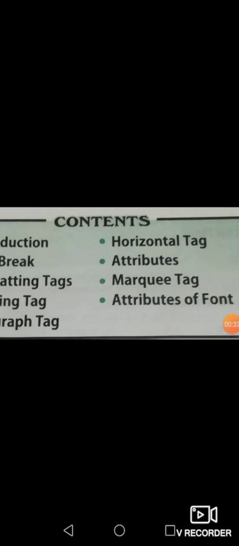And then today you have learned horizontal tag, HR tag, and then attributes, different types of font colors, everything you have seen. And then marquee tag, it is a kind of scrolling your text. And then finally you have learned attributes of font. In that you have learned how to set font face, how to set font color, everything. So this is an overview about your third chapter.